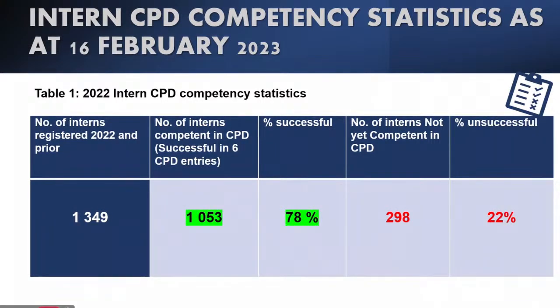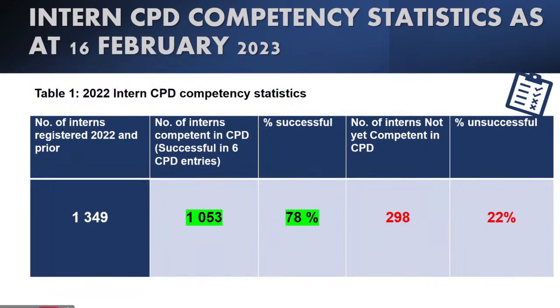Okay, these are the statistics of the 2022 Intern CPD competency. This report was prepared on the 16th of February 2023. Here we just want to share with you how the 2022 interns were progressing in terms of CPDs.